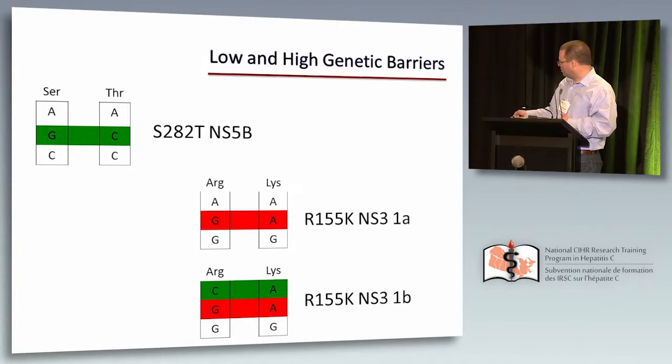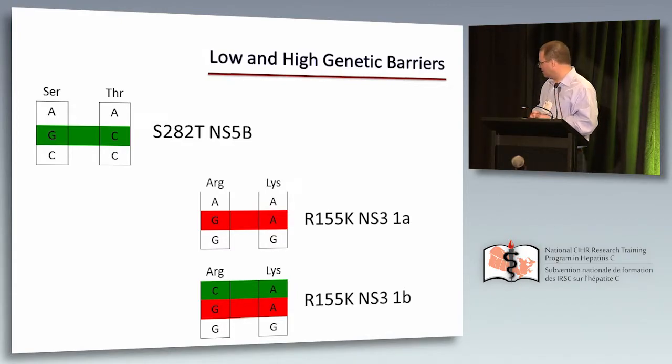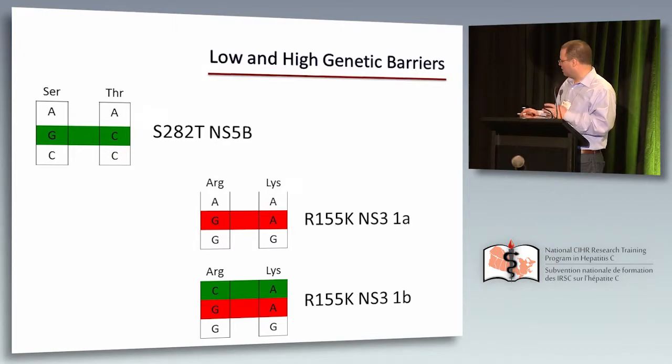And it's not only the number, but it's also one transition and a transversion. So that is a genotype that is difficult to generate, and we would argue the genetic barrier in this case is extremely high. So it would probably follow the order, the highest genetic barrier is here, then second here, and then transitions here.